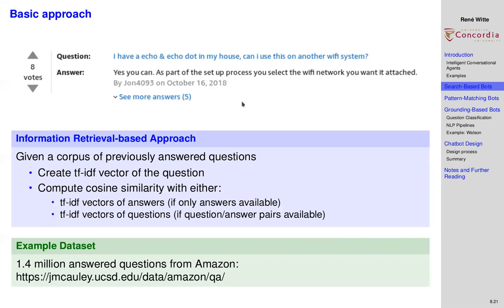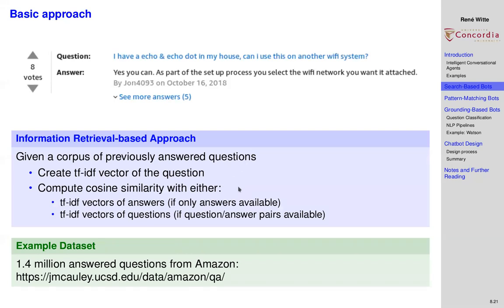So what we would do is we look at the new question that someone types in. We create a TF-IDF vector, and then we compute the cosine similarity of the question with all the other questions that we have in our database. And then you just pick the answer that corresponds to the question that was closest to the incoming question.